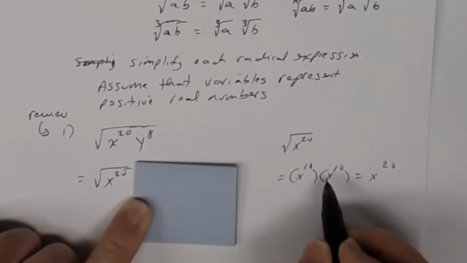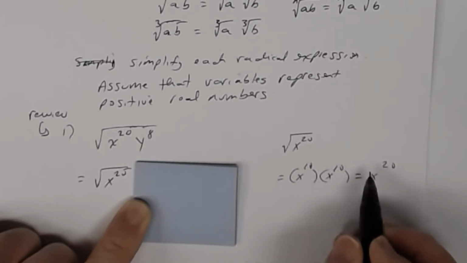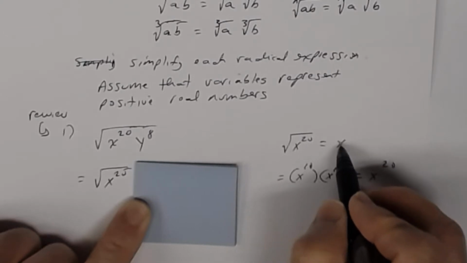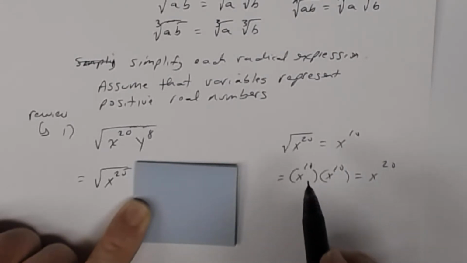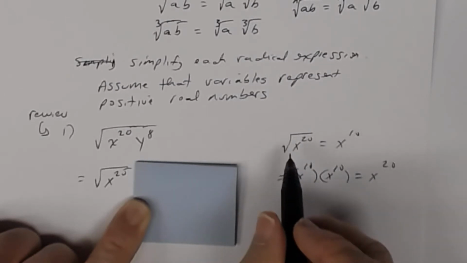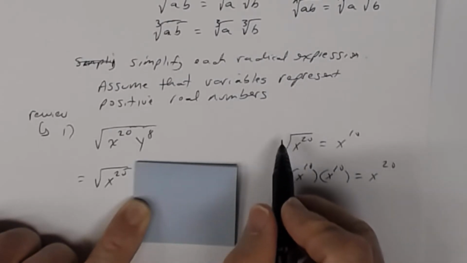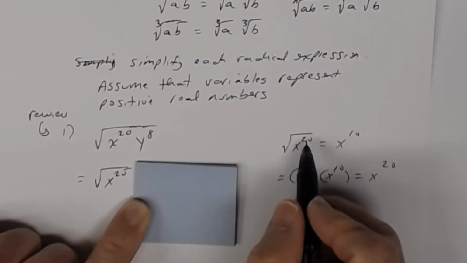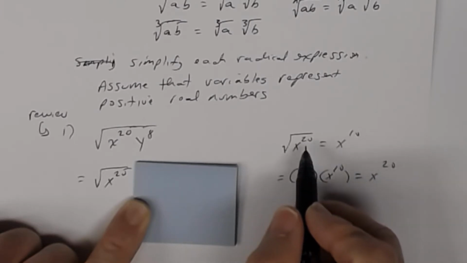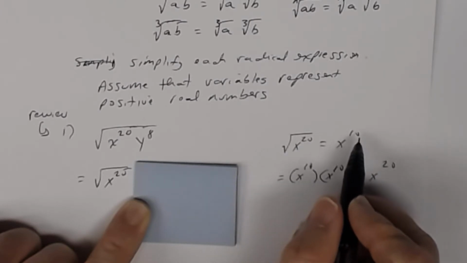When you multiply like bases, you add exponents: 10 plus 10 is 20. Since the index is 2 and the exponent of the variable is even, I get a nice integer: 20 divided by 2 is 10.